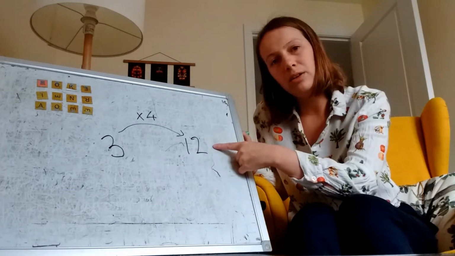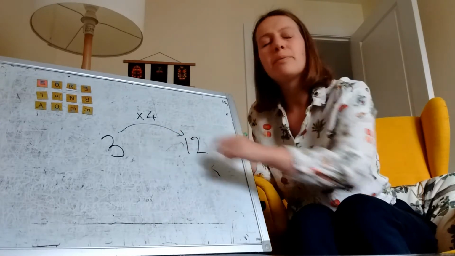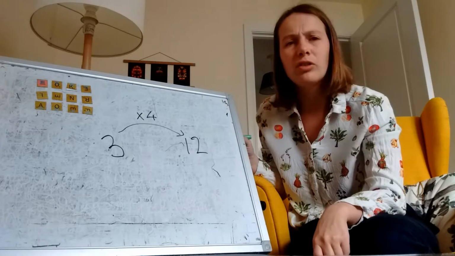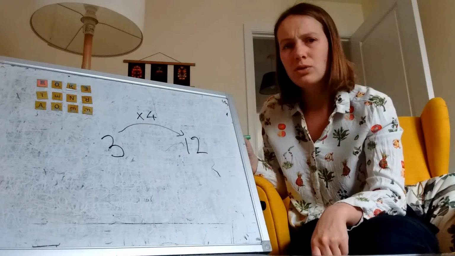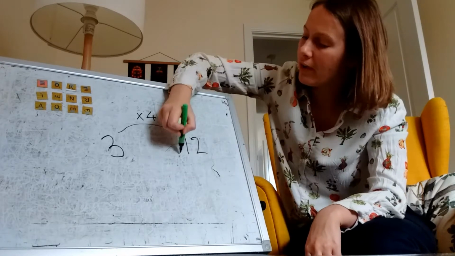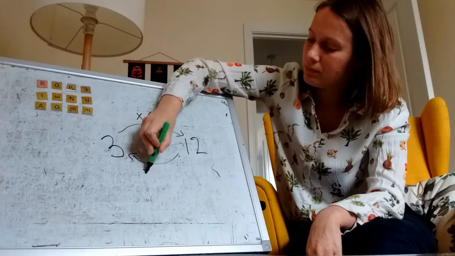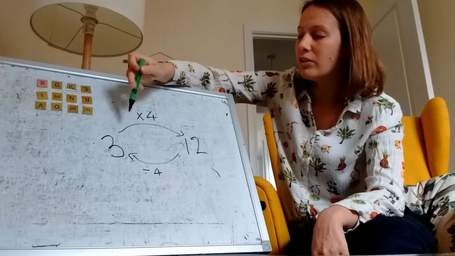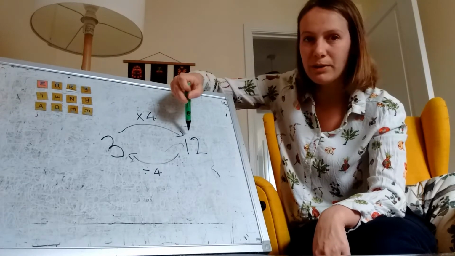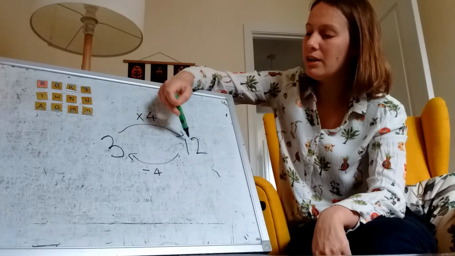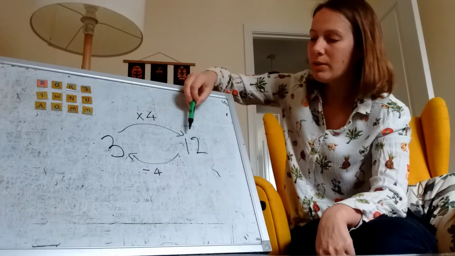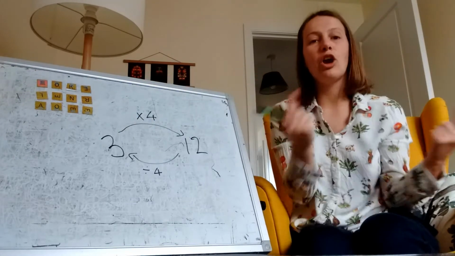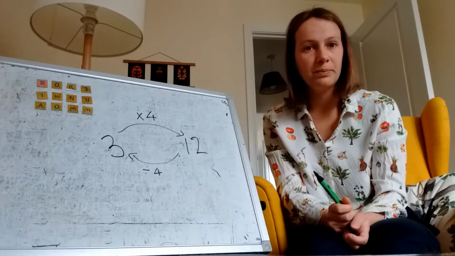So how do I get from 12 back to 3 using times or divide? Well, I'm going to divide by 4. So you can start to see that they are the opposite. To get from 3 to 12, I times by 4. To get from 12 to 3, I divide by 4. Times 4, divide by 4. They're the opposites, they go in opposite directions.